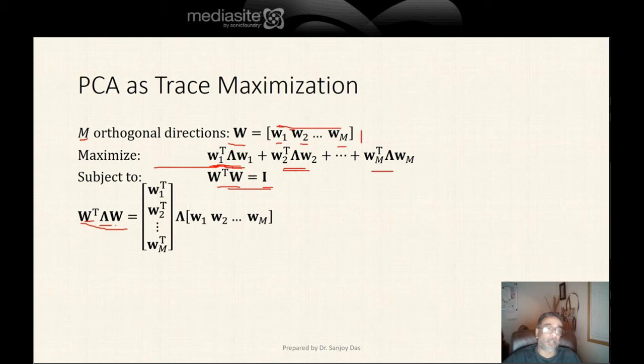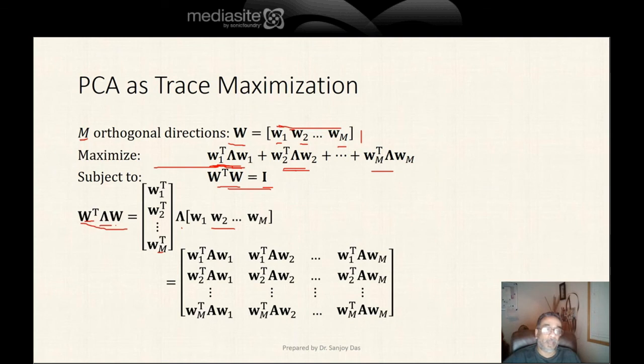And so W transpose is this matrix whose rows are the transpose of those directions times lambda times W. And when we do the multiplication, we get this large matrix here. Look at this term, W1 transpose lambda W1 is this term here. Take W1 transpose lambda W2, that's this term here, and so on, until the last term would be Wm transpose lambda Wm, which is this term here.